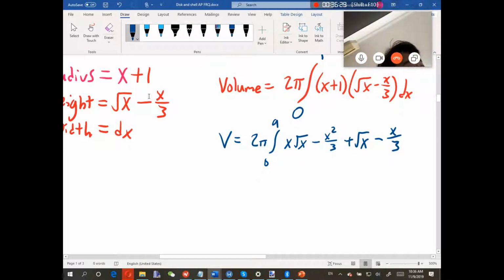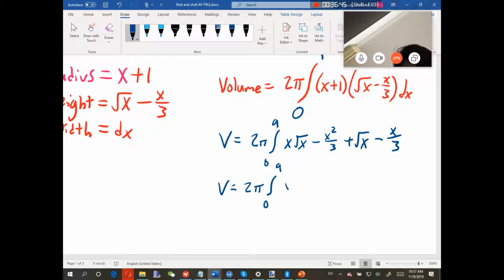All right, so now we're ready to integrate. I think I'm going to simplify this term one more time. So just change our roots to powers so that we can integrate this with power rule a little more easily. So this would be 1/2 times x to the 1 is x to the 3/2 power minus x squared over 3 plus x to the 1/2 power minus x over 3.